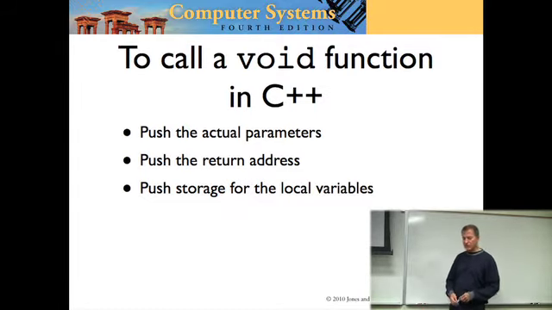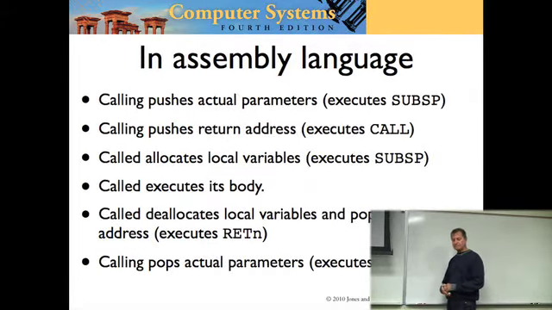Here's a summary of what you just told me. The calling function pushes the actual parameters, and it does that by executing sub SP. The calling function pushes the return address by executing call. So does all this make sense? And then the called allocates the local variables by executing sub SP.